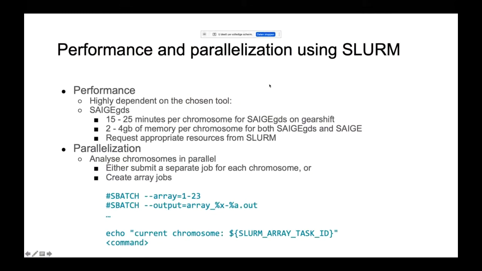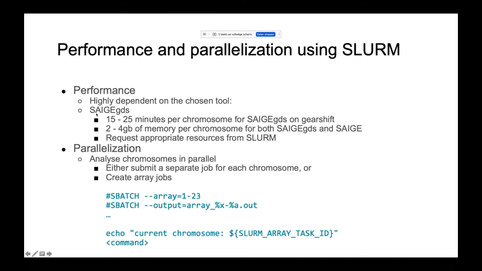Yes. Okay, great. So I'd like to go into the performance and parallelization a bit using SLURM. As Esteban alluded to earlier, SAIGE GDS and SAIGE require different amounts of time in order to run.